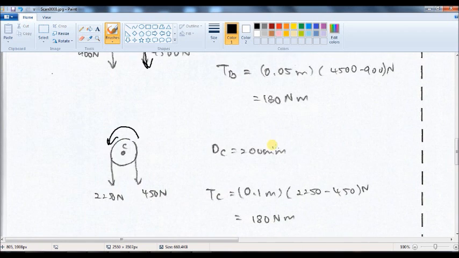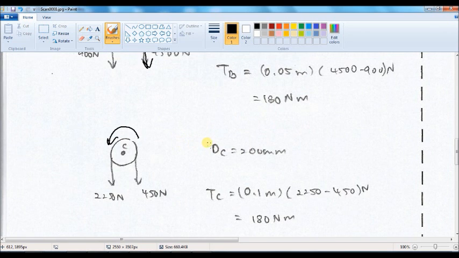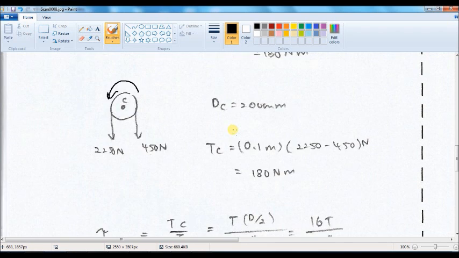Actually, as you can see, the torque at pulley B and pulley C are equal, but in two different directions. That means the power at point B will be consumed at location C, or vice versa. One of them is input power, and the other is output power. The power which is input to the shaft will be consumed in another location.